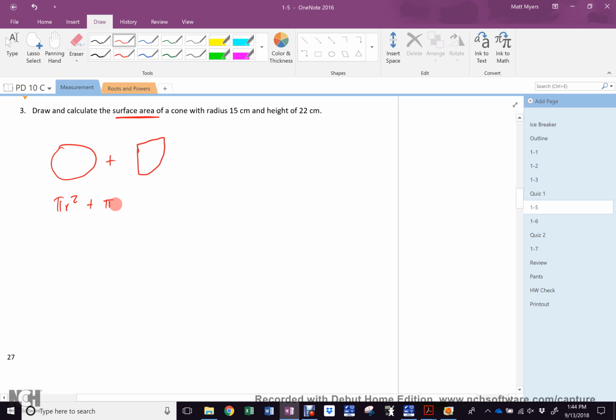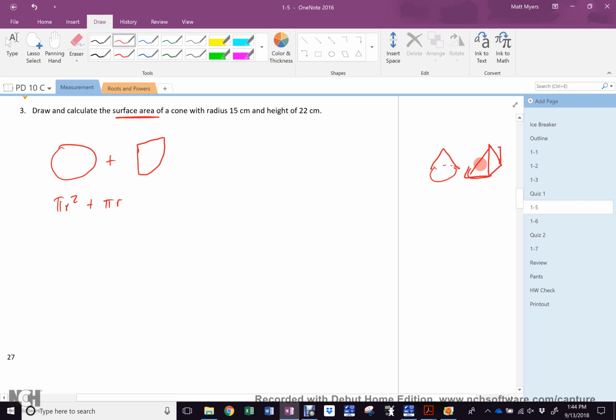The radius. Now, a whole circle is r squared. But this is not a whole circle, is it? So we can't do r squared. But you do know what this is going to be, because isn't a cone related to a pyramid?